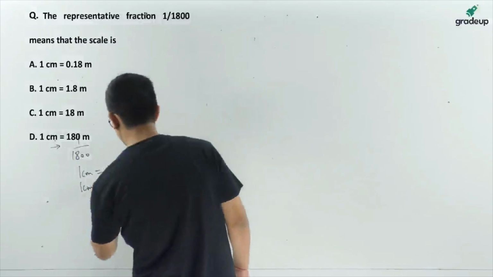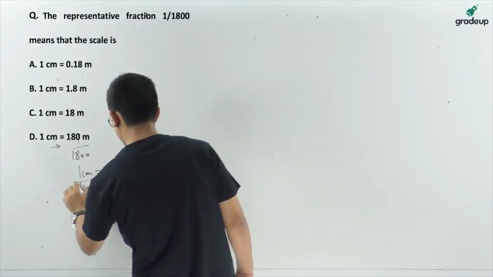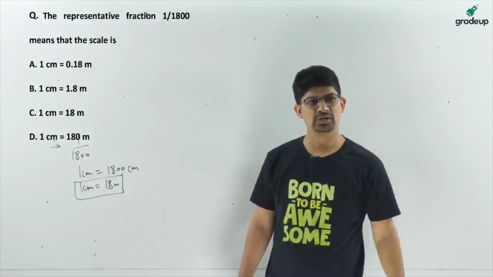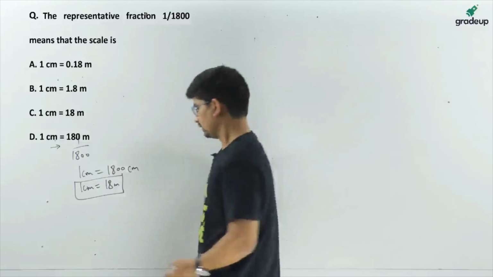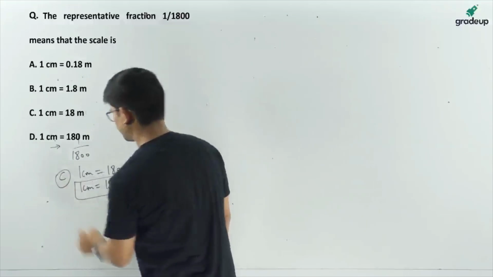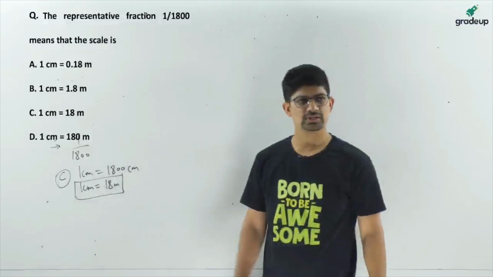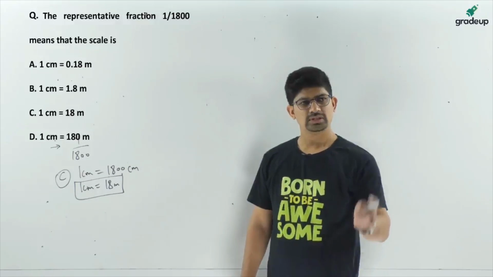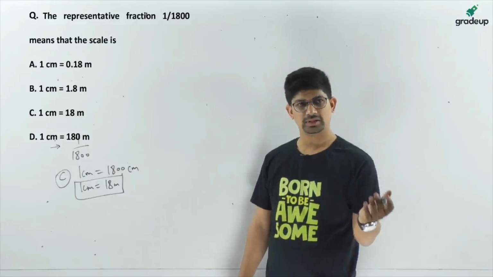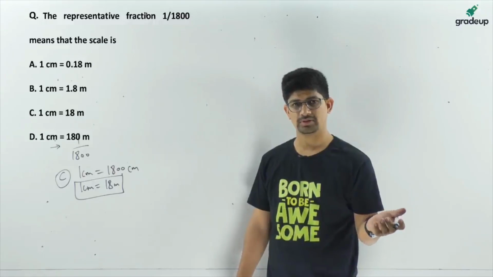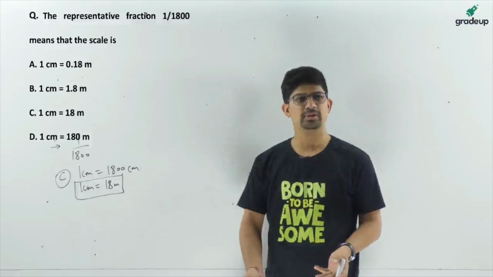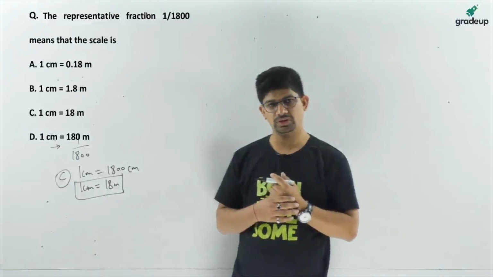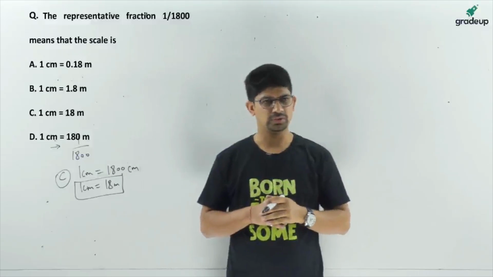So 1 centimeter will be equals to 18 meter. So the correct option will be C. It seems very easy, but in exam pressure, you may be able to do it incorrectly. So, as I have already told you, you have to take care of the units.